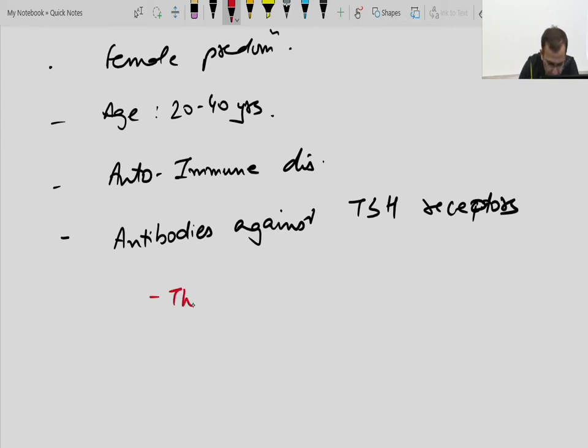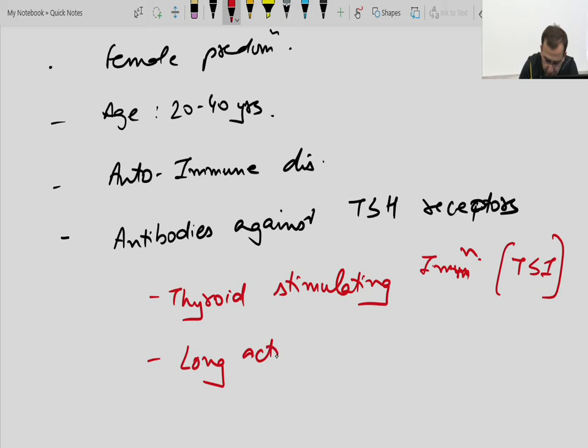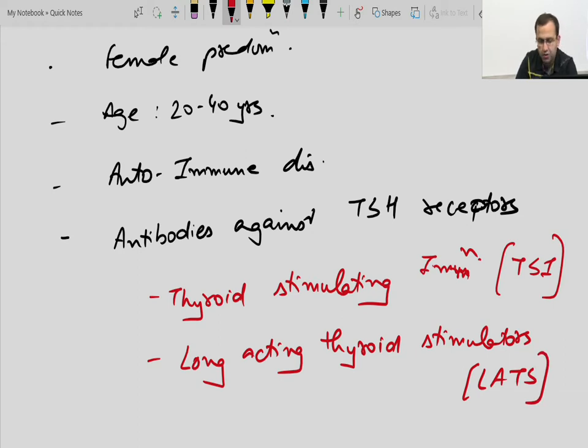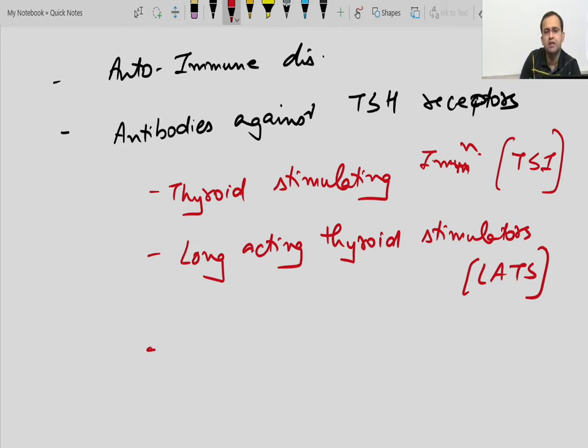These are the thyroid stimulating immunoglobulins, that is TSIs, and LATs, which stands for long acting thyroid stimulators. Next, which type of antibodies are these, IgG or IgM? They are the IgG type.